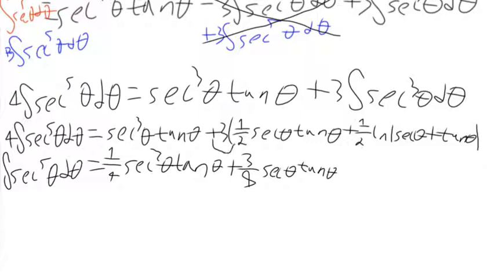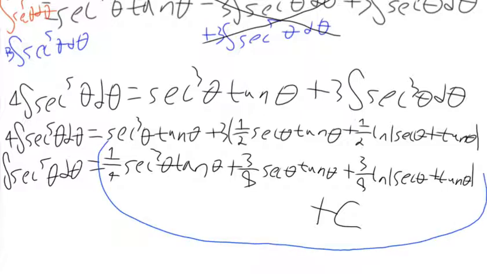And again, 3 times 1/2, then we still have multiplying by 1/4. We're going to get plus 3/8 natural log absolute value of secant theta plus tangent theta. And now I will put down a plus c because we are at the end of the big integral. And this is our result of the integration.